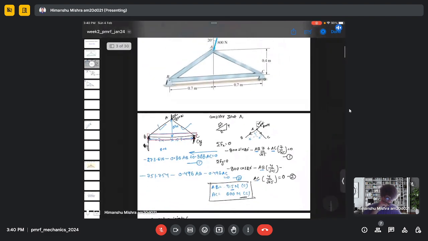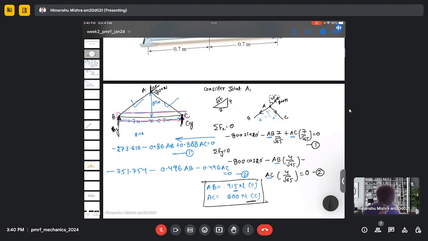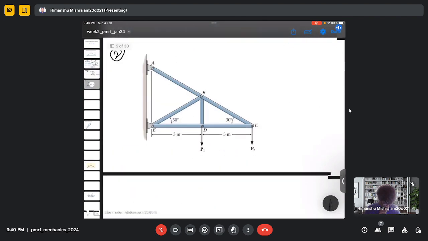So any doubt in this? If not, we can look at more examples of it.